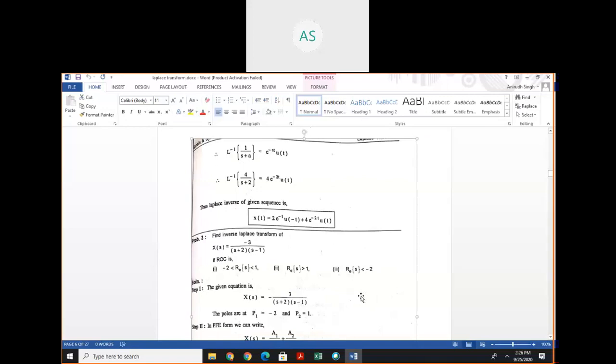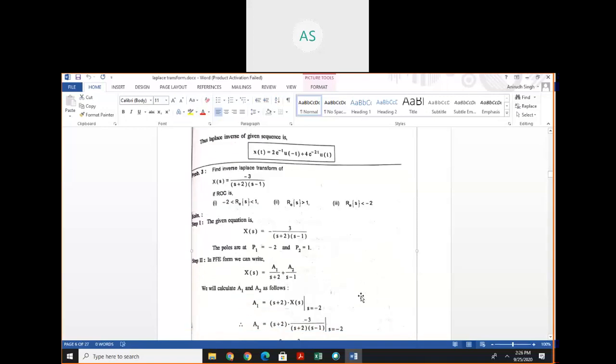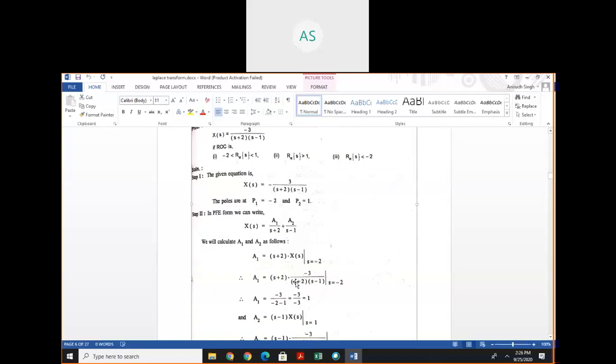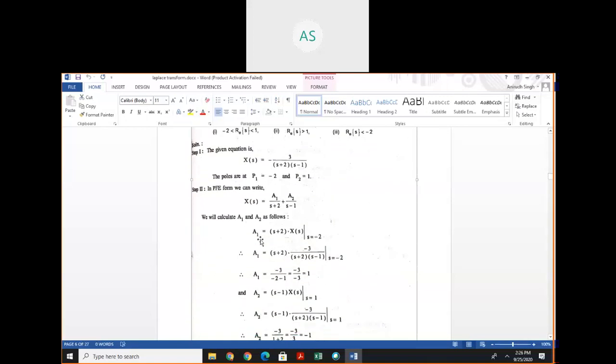And if poles are to the right hand side of the ROC, then you take the Laplace transform pair in which the signal is multiplied by u(-t). This point is clear.